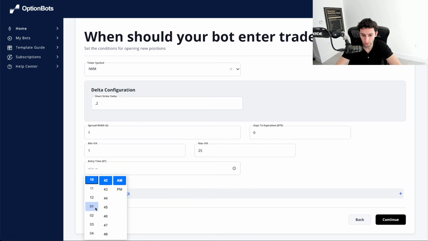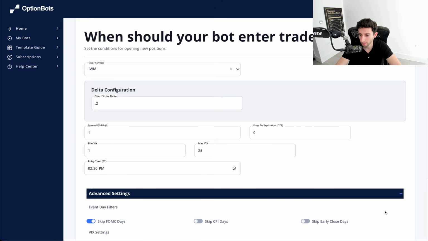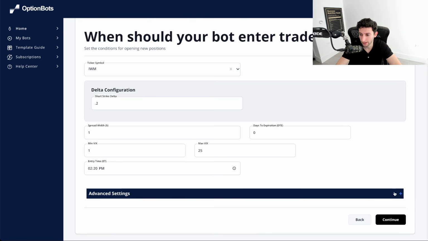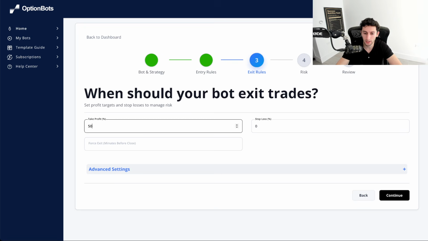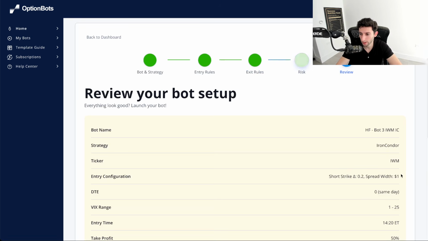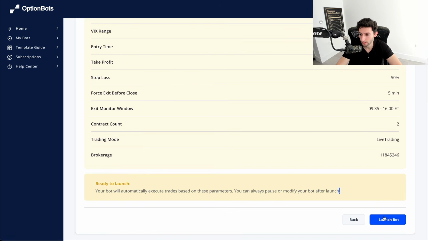And then we're going to go at 2:20 PM, like so. Oops, we don't need any of these advanced settings. Usually we can have these on if you want to skip CPI or early close days. We're just going to keep the settings as they are for now. 50% take profit, 50% stop loss, and we're going to go 5 minutes. We're going to go 2 contracts, and we're going to launch.